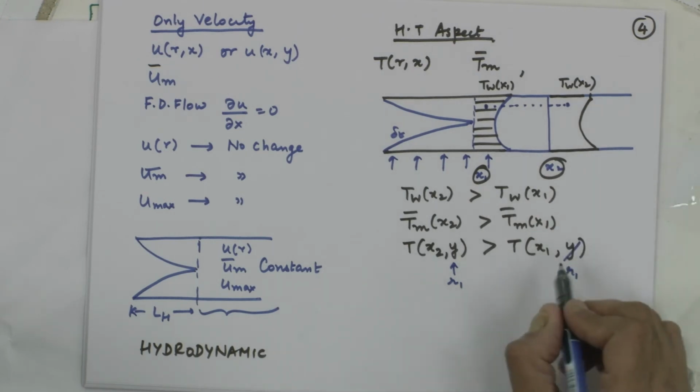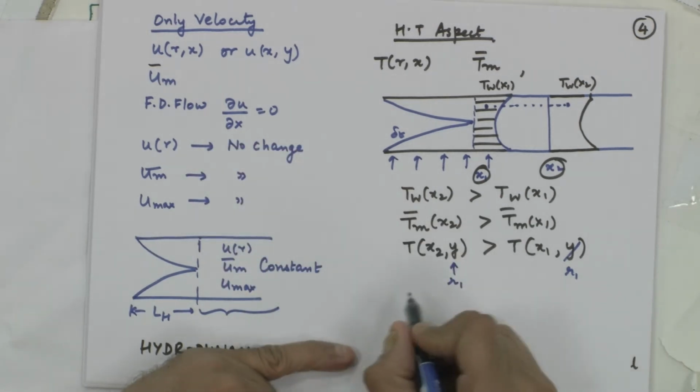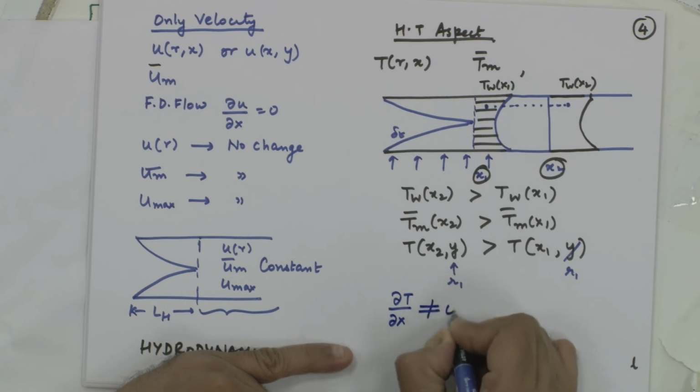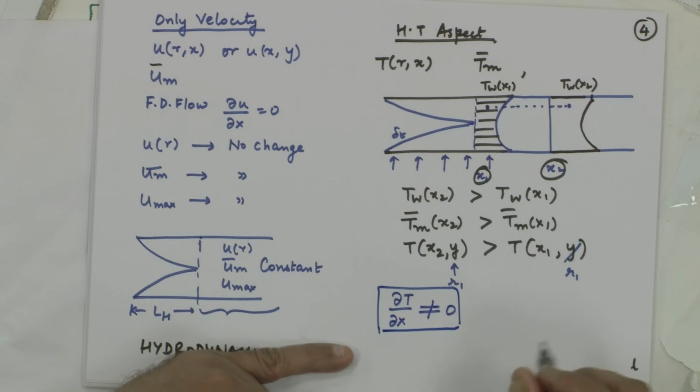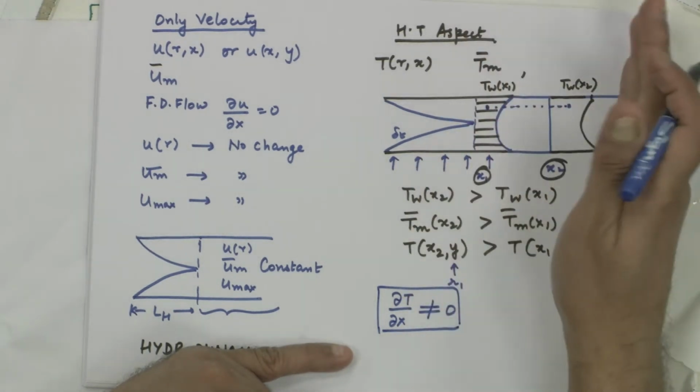So, none of these temperatures are going to be constant. Unlike du by dx equal to 0, we cannot write this. dT by dx is not equal to 0, obviously, because temperature is changing.